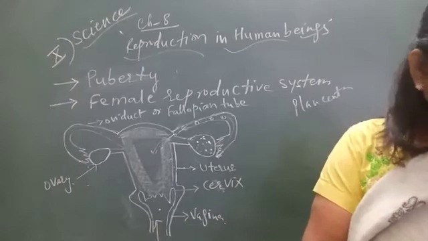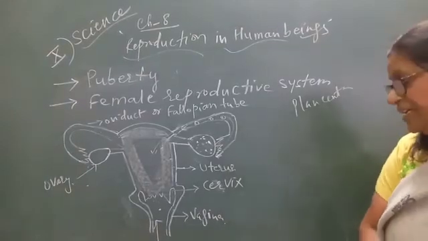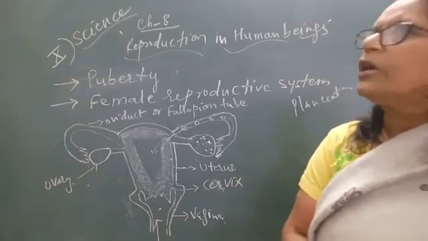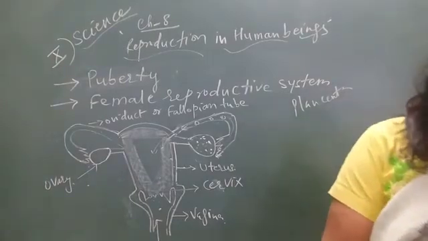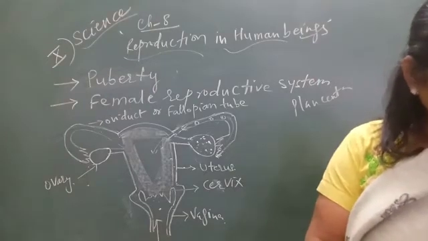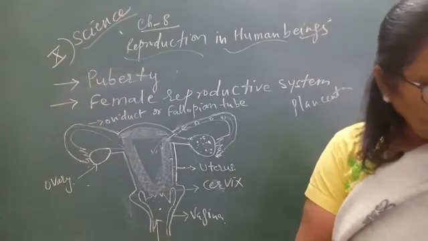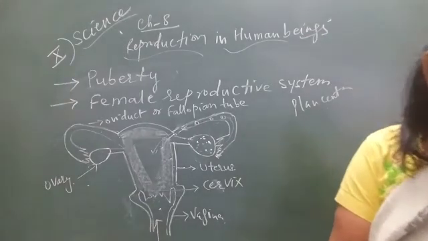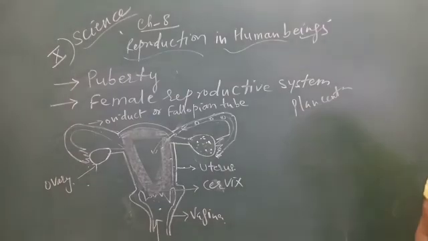Now what happens when the egg is not fertilized? Sometimes, suppose the girl is not married or not having sexual intercourse, then the egg is not fertilized and it lives for about 1 day. The ovary releases 1 egg every month, and the uterus also prepares itself every month to receive the fertilized egg.